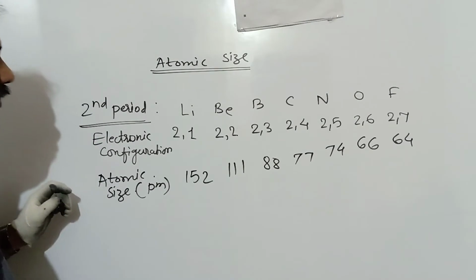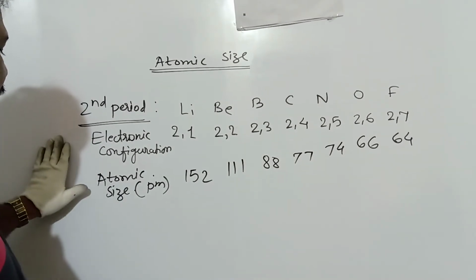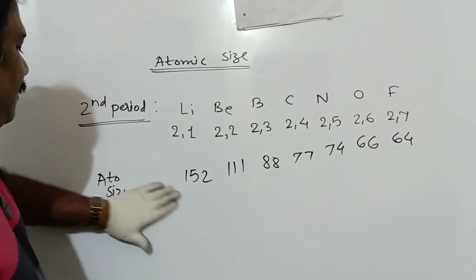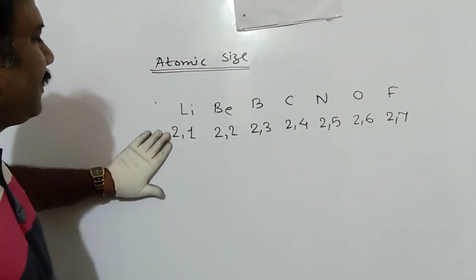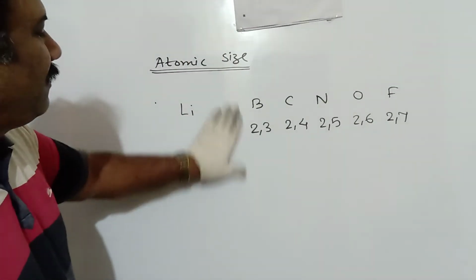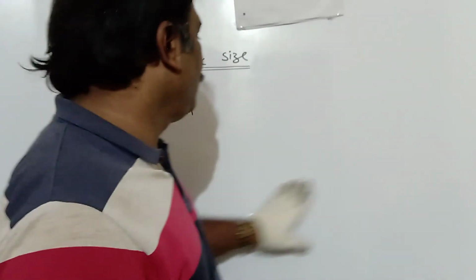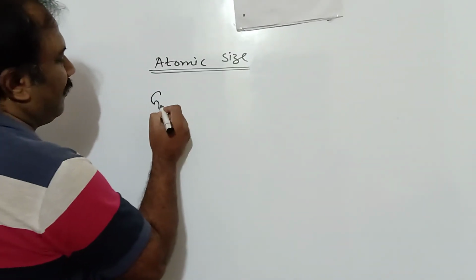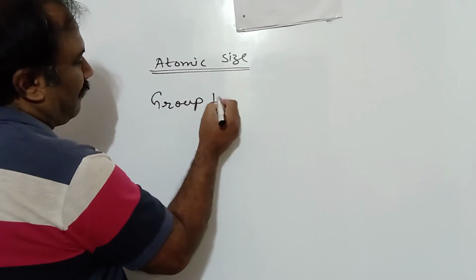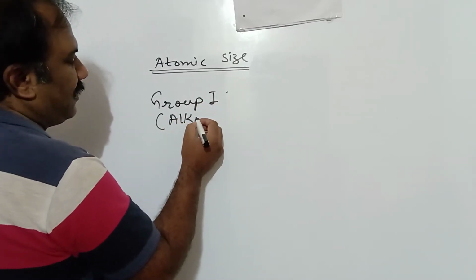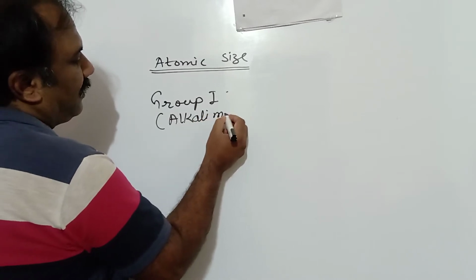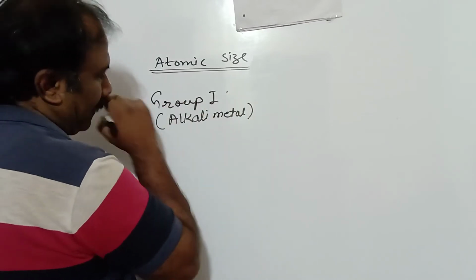Now what is the trend of atomic size in a group? Let us consider group number 1. It is the group of alkali metals.